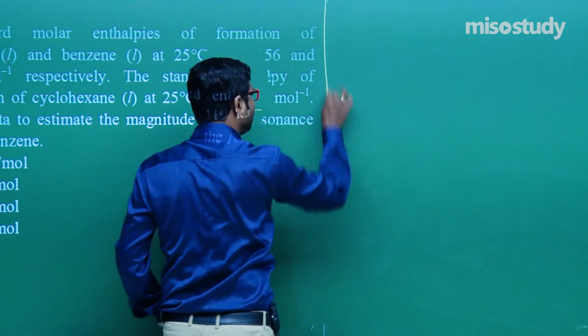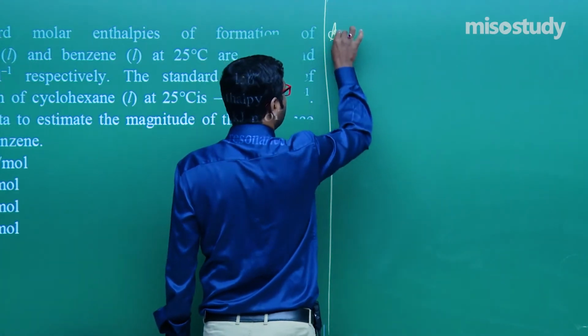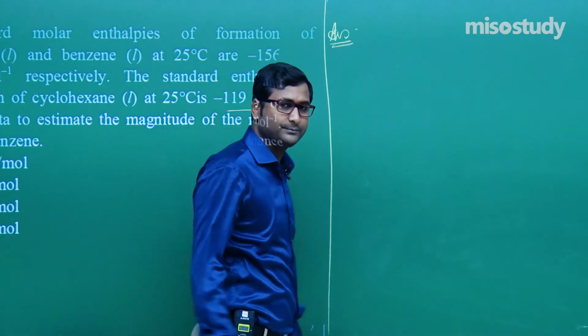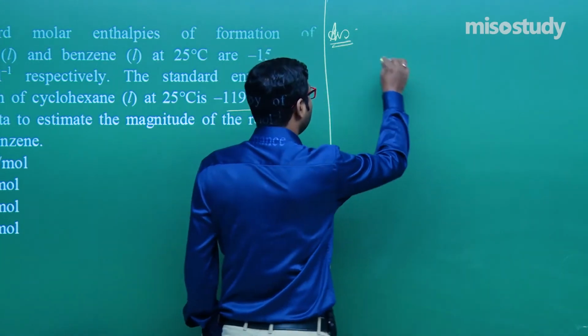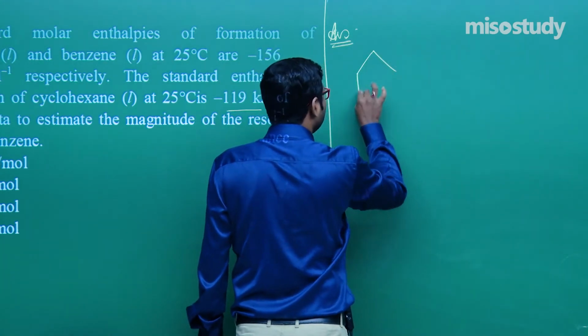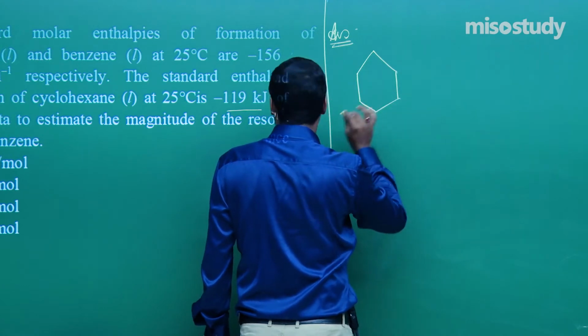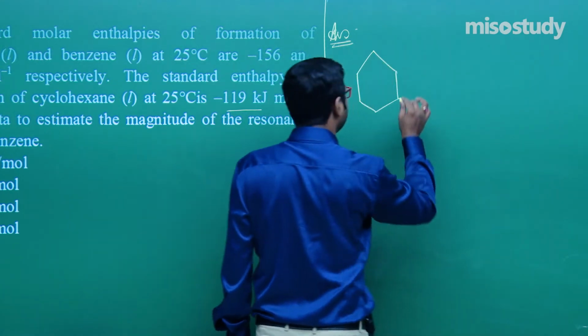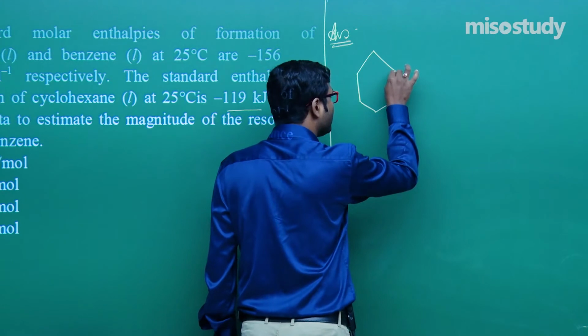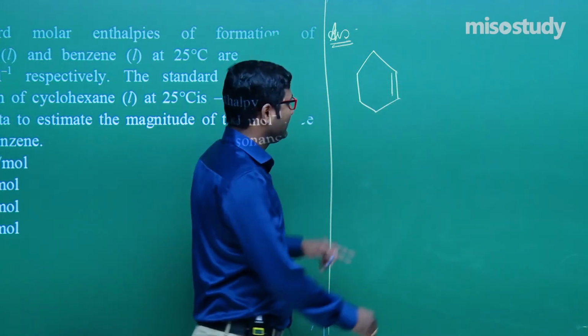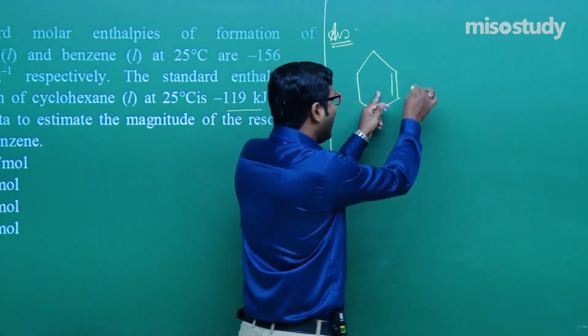Now, what is given in the question? This is one of the best questions in this segment. Look, it is given the standard enthalpy of hydrogenation of cyclohexene. This is cyclohexene.